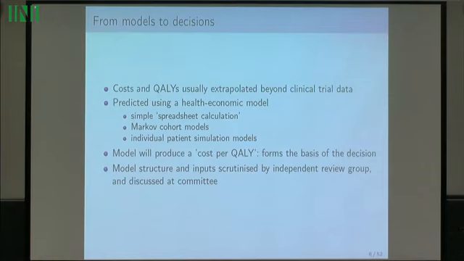Then their model and data get handed over to an expert review group, an independent academic group who assess it and raise queries, and then it all comes to a committee where, again, the structure of the model, the data sources and the inputs all get picked over. So there'll be some debate about what's gone into the model, but ultimately the number that comes out of that model is pretty much going to determine whether or not that drug is available in the patient population. So there's a very clear link from what comes out of the model to what decision is going to be made.